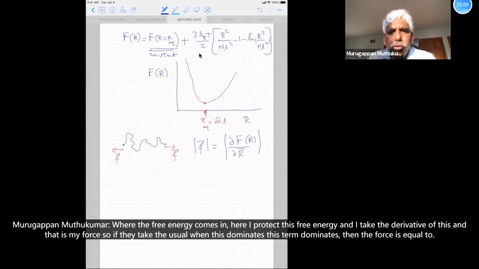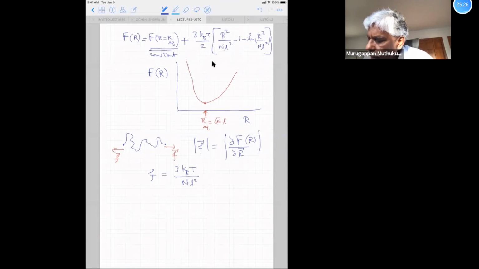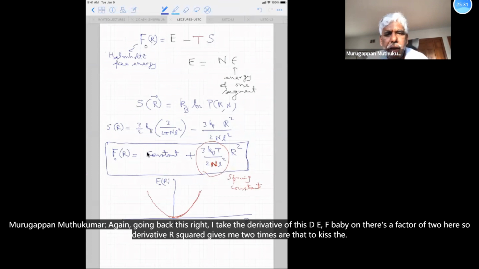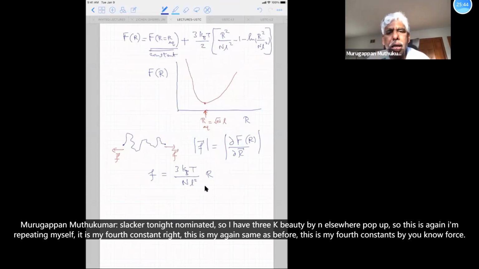So when this term dominates, the force is equal to, I'm not putting the vector anymore, 3 kBT divided by NL square times R. Going back, I take the derivative dF by dR. There's a factor of 2 here, so the derivative of R square gives me 2 times R. That 2 kills the factor of 2 in the denominator. So I have 3 kBT by NL square R.